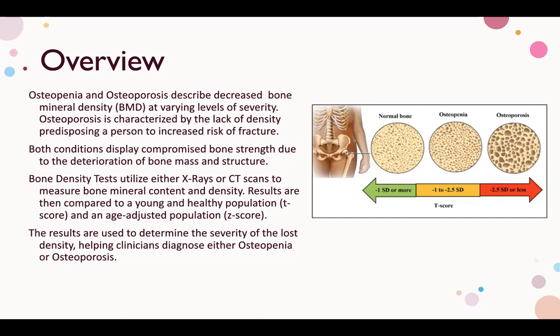These are normally diagnosed through X-rays or CT scans to measure the bone mineral content, and then those results from the individual patient's test are compared to a young and healthy population to receive a T-score, and an age-adjusted population for a Z-score. And then that T-score is used to determine how far off in standard deviations they are from a young, healthy population. And then through that, they can determine whether someone has osteopenia or osteoporosis, as you can see in the picture on the right.